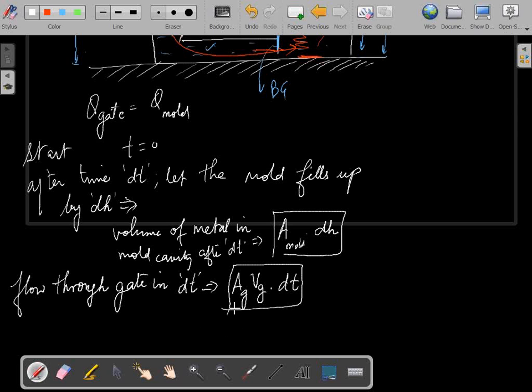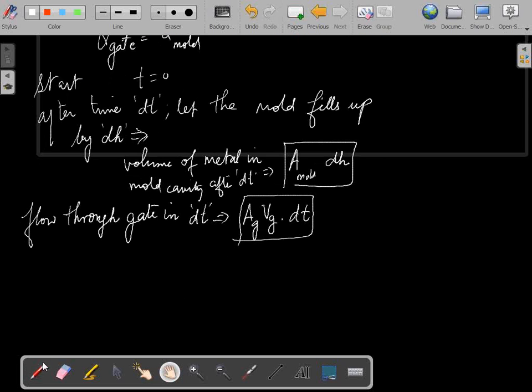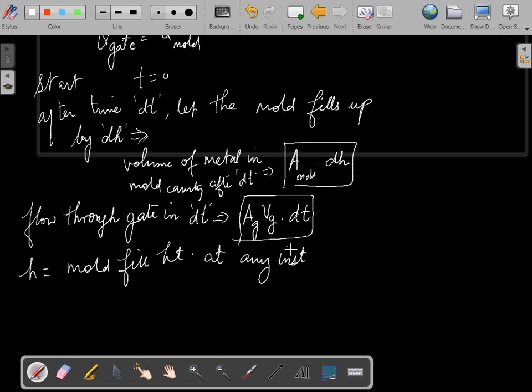Now moving ahead, see, h is the mold fill height at any instant. So at any instant of time your mold will be filled up to height h, let us say.